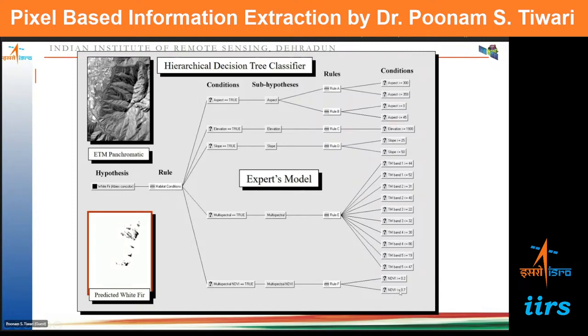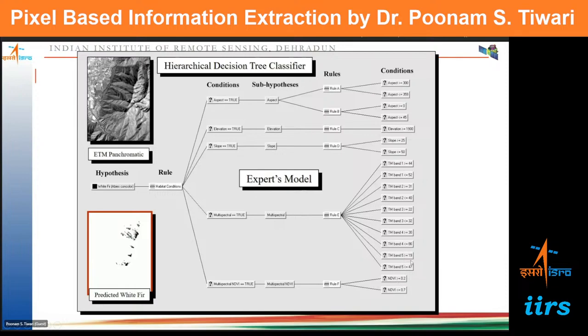First of all, we have to check whether the NDVI is greater than 0.2 and less than 0.7. If that is true, then it will check another condition, which should also be true. Then the value in band 5 should be less than 47.